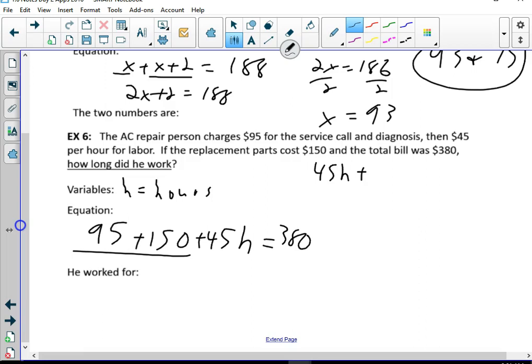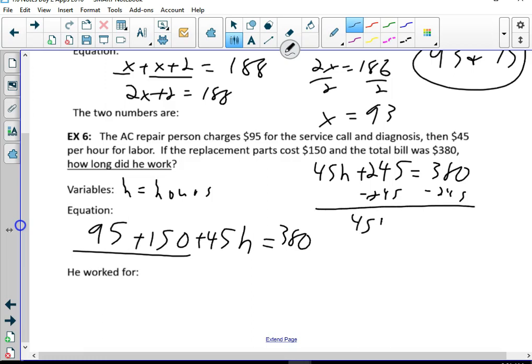So we're going to add these together. 45H plus 245 equals 380. So the service fee and the part add up to $245. We're going to subtract that from both sides.